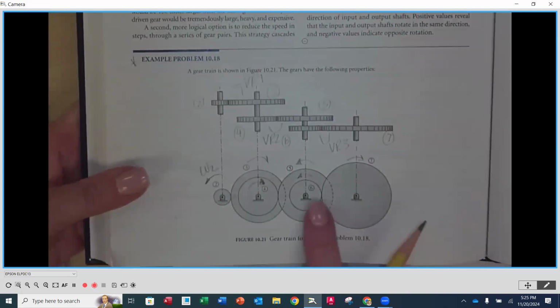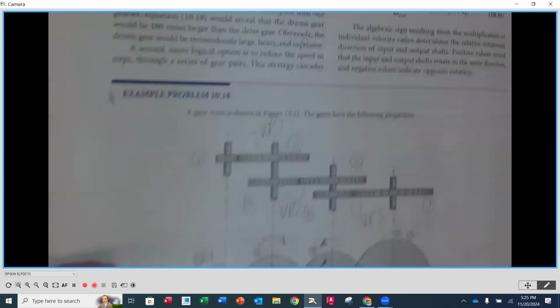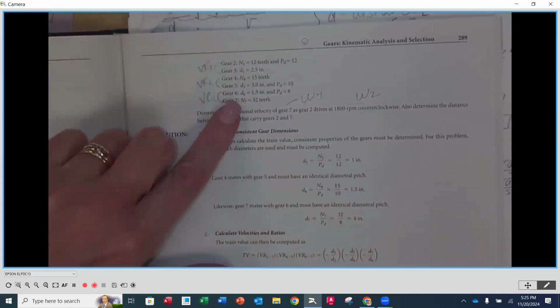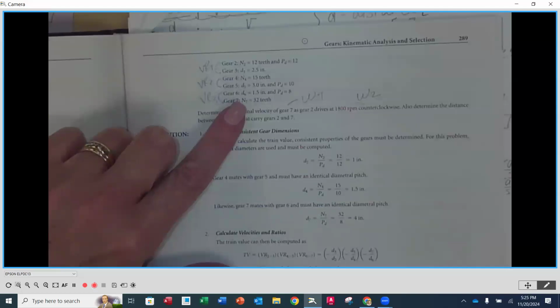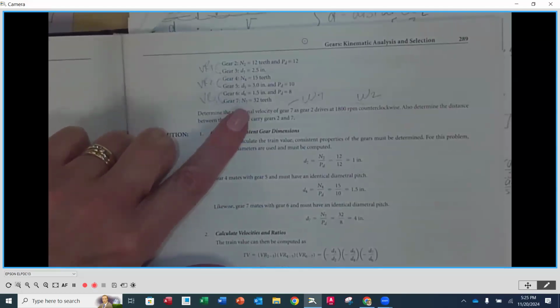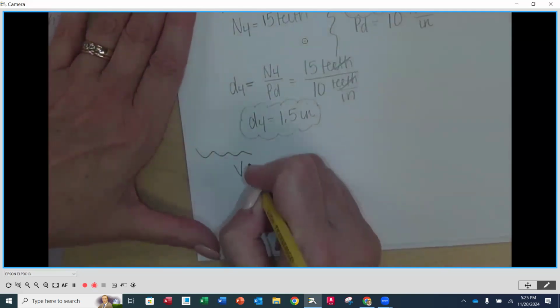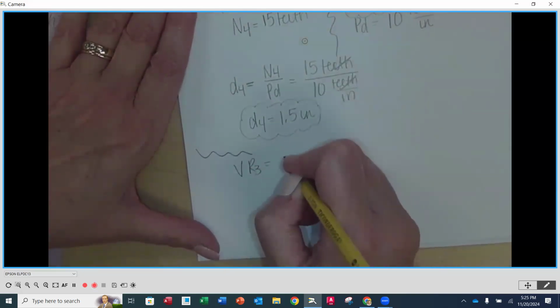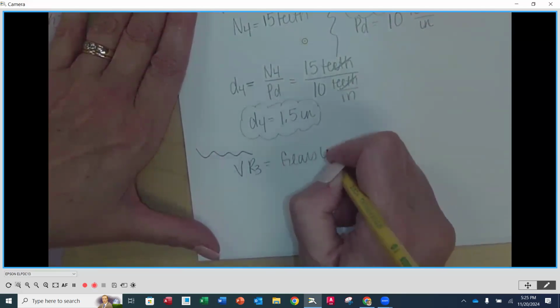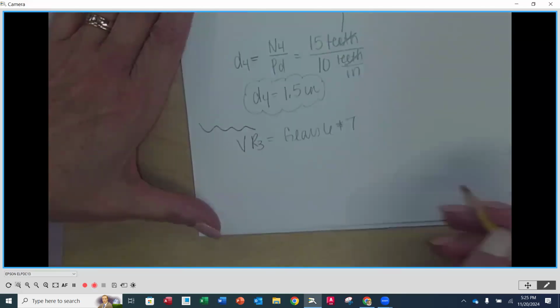So the last 2 gears that are in mesh are 6 and 7. And up here, we have the information for gear 6 and 7. 6 has a pitch diameter of 1.5 inches, diametral pitch of 8. And number 7 has the number of teeth of 32. So trying to sneak this in at the bottom here, velocity ratio number 3, which is equal to gear 6 and 7.